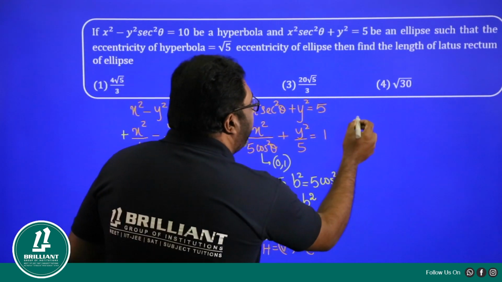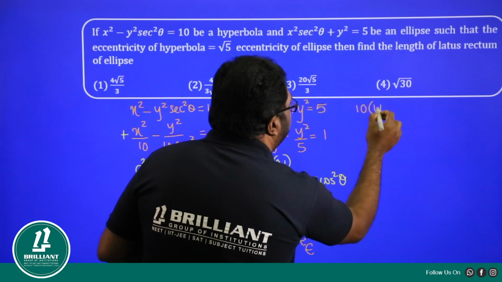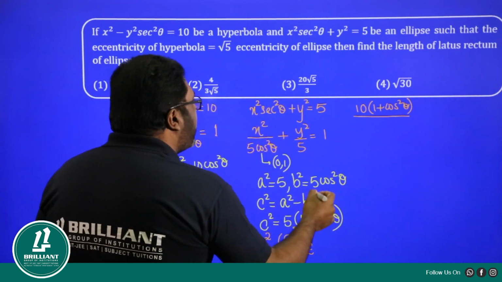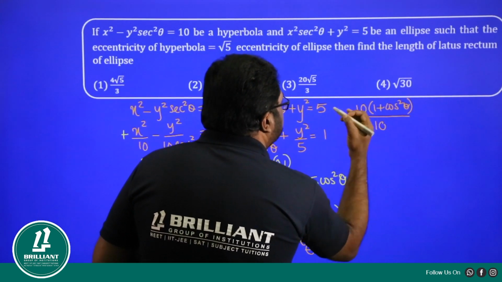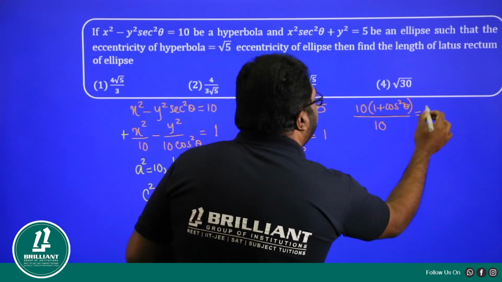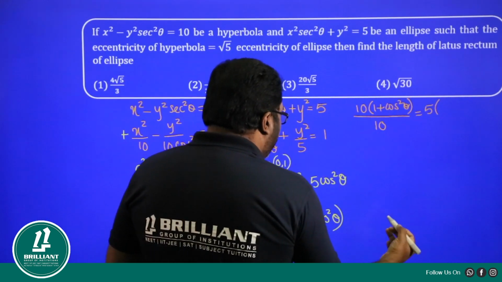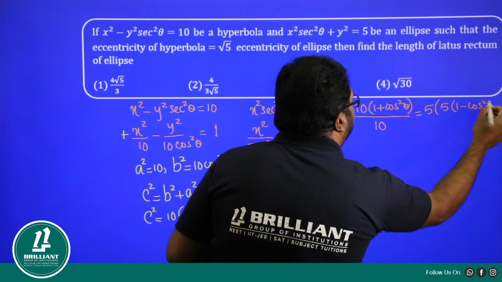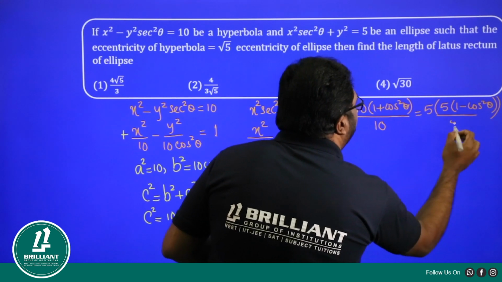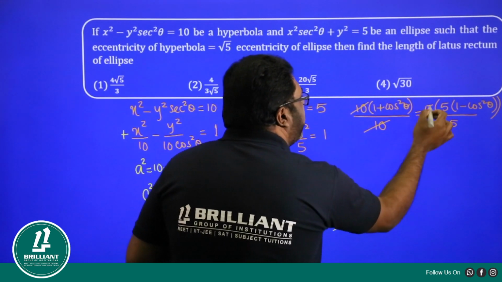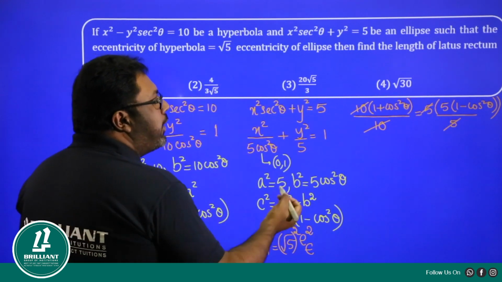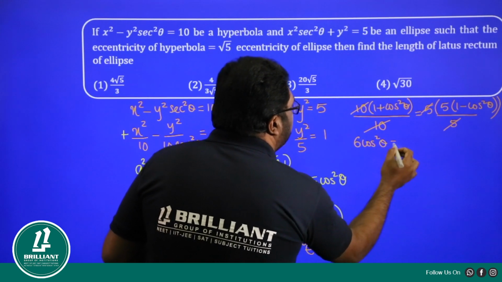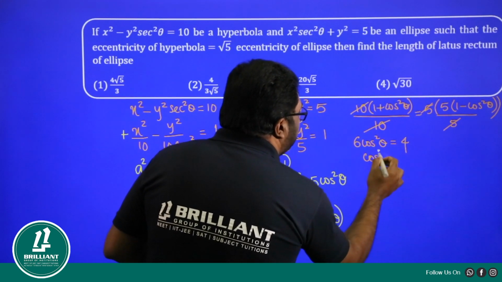So it's going to be 10 into 1 plus cos squared theta divided by a squared, which is 10, equal to 5 into 1 minus cos squared theta divided by 5. So 10 and 5 cancel, and I have the relationship 6 cos squared theta equals 4.